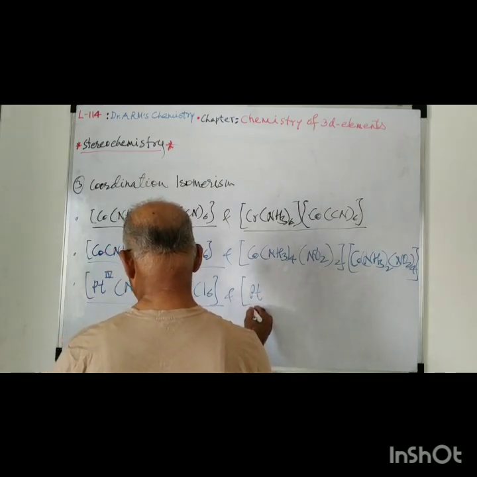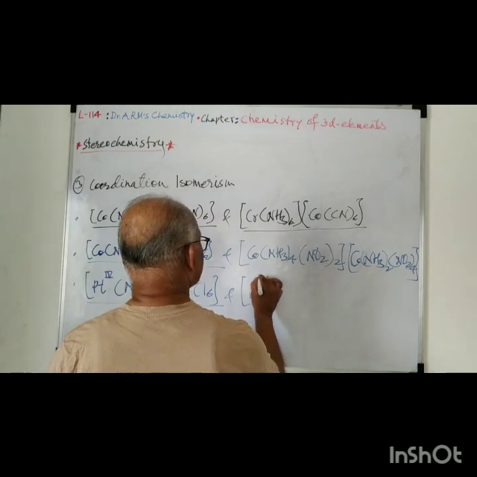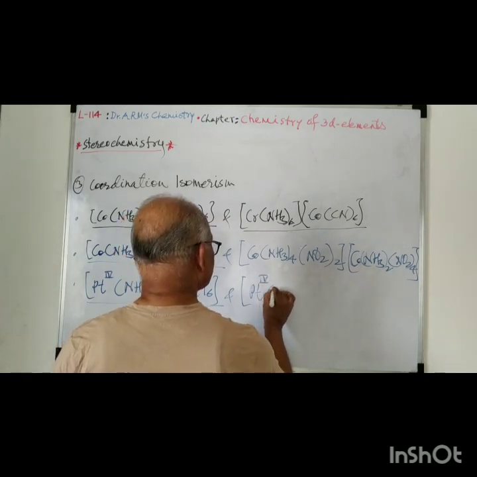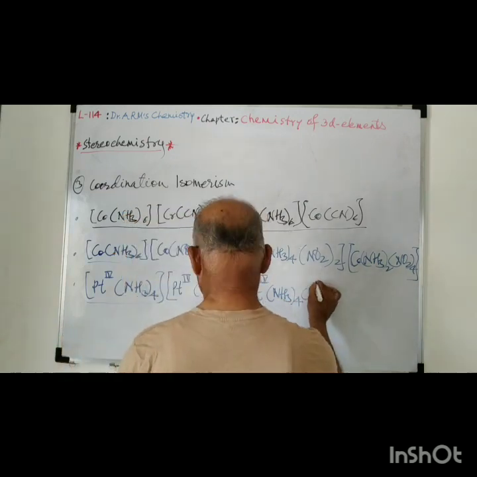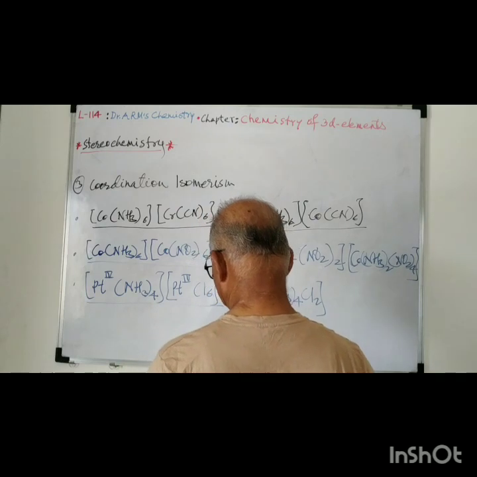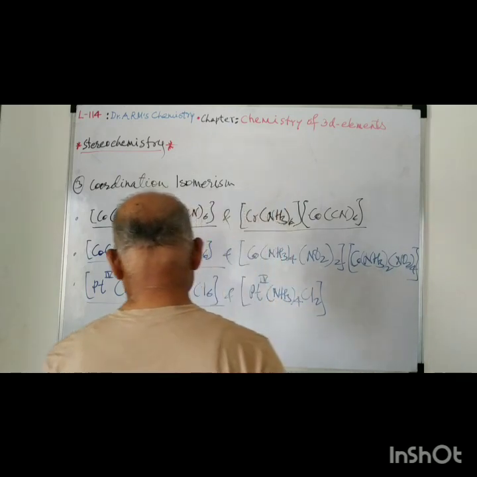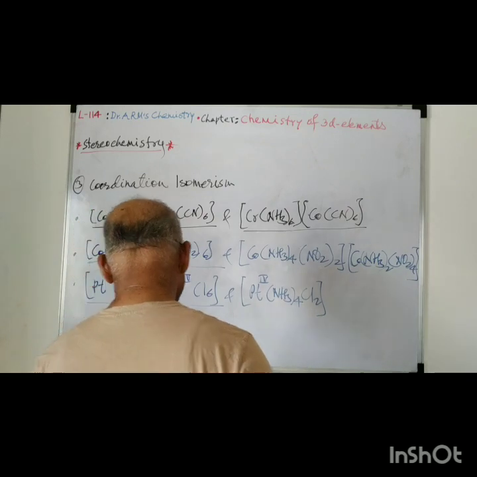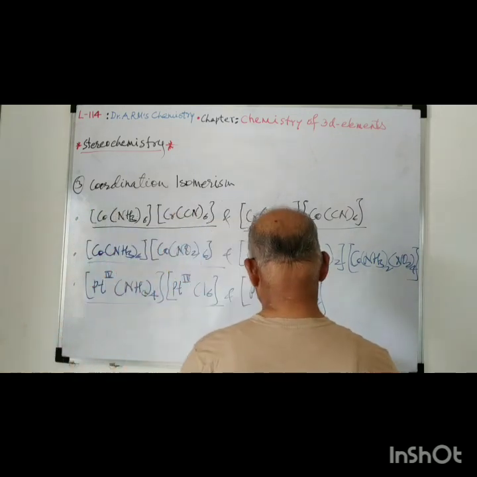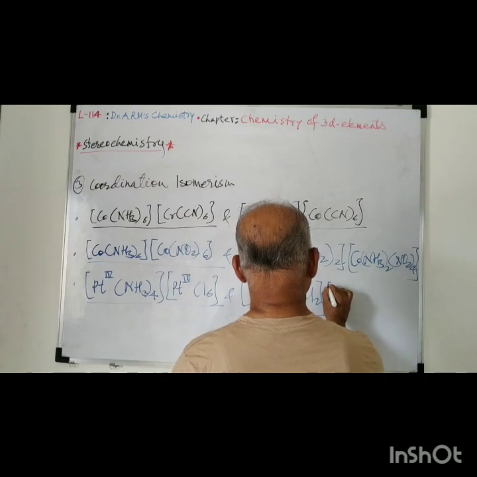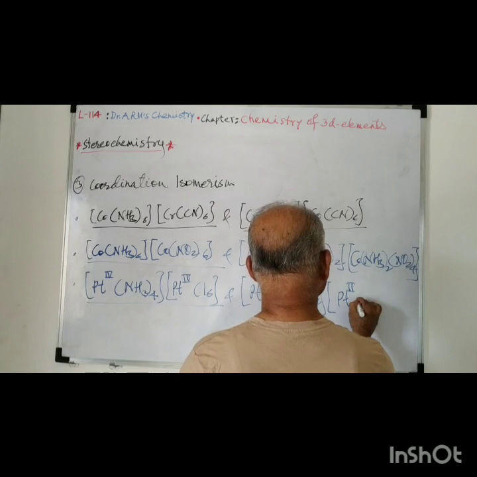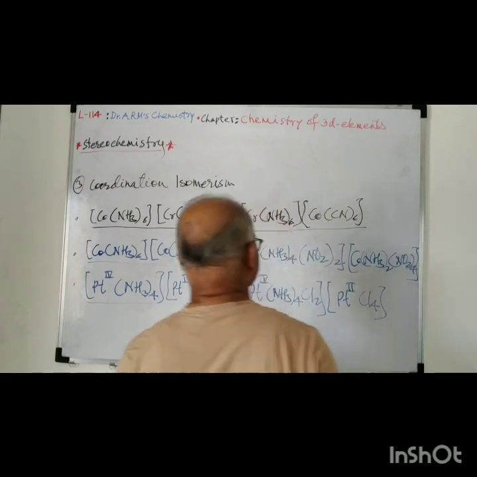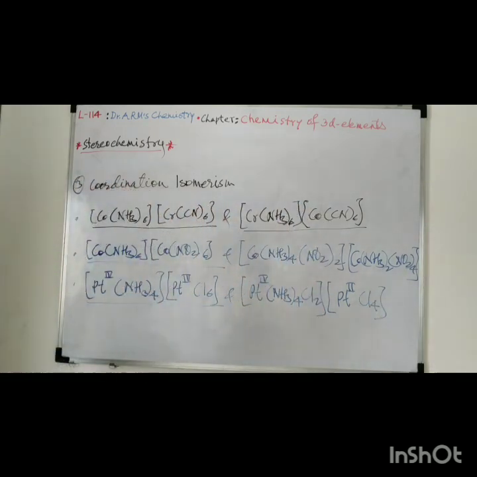Here it is Pt(IV) having NH3 4 and Cl2, and there is another part, platinum 2 with Cl4.